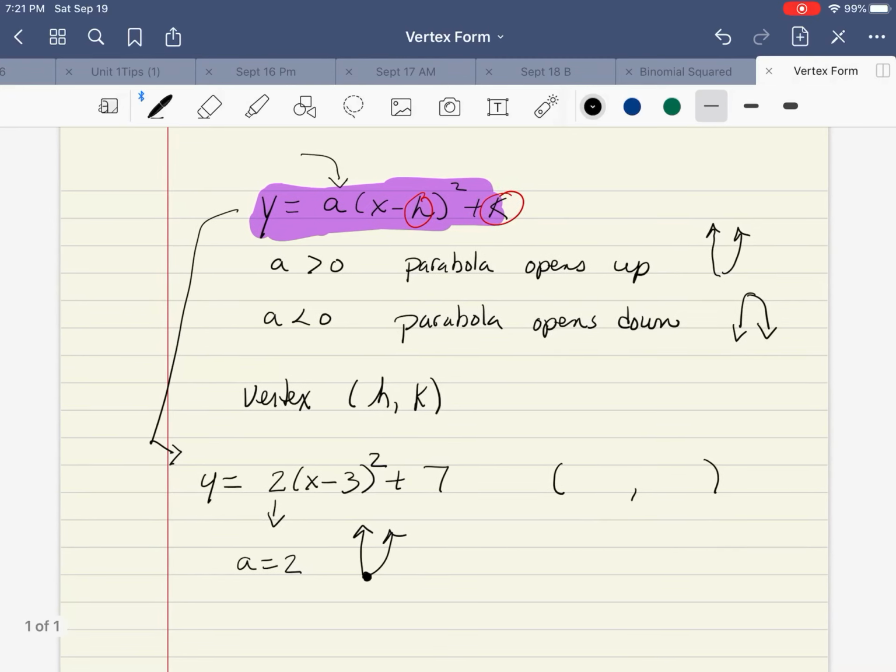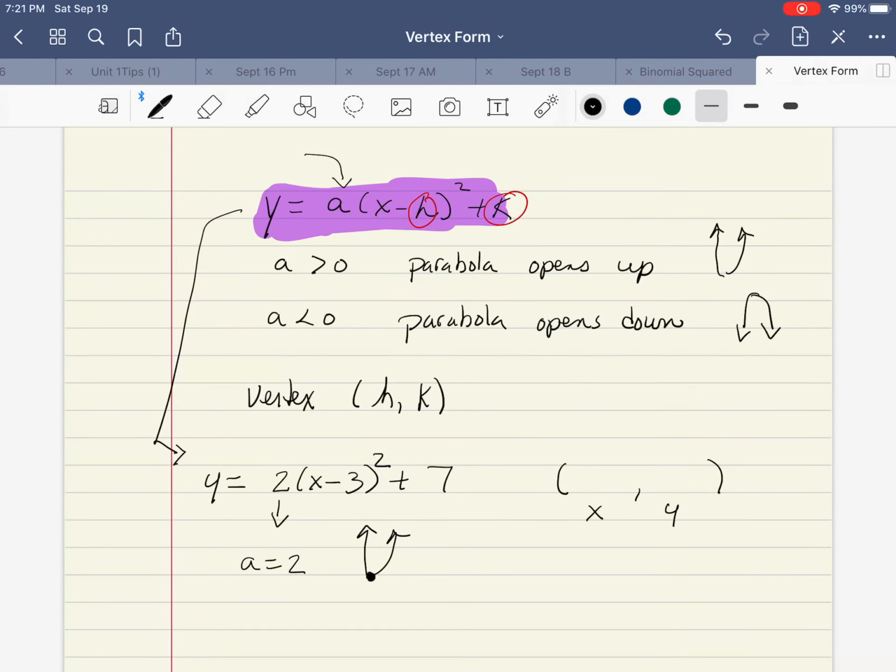Now, you're going to get your x value and your y value of your vertex point. For your x value, you want to look here at x minus 3, and you just want to go off to the side here and set it to 0 and then quickly solve for it, performing the opposite operation, and we get x equals 3. That's going to be the x coordinate of my vertex, and then the y coordinate is just going to be whatever's left over here outside of the bracket, and it can just take its place right there.